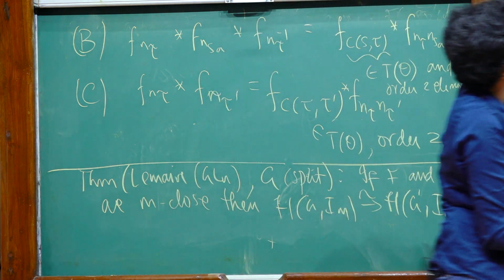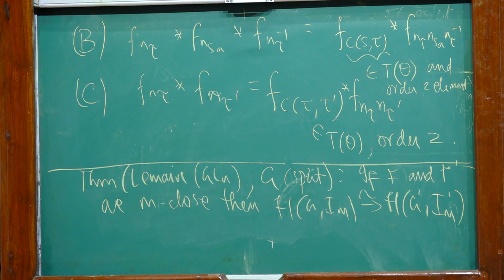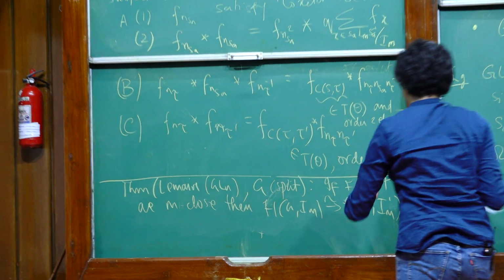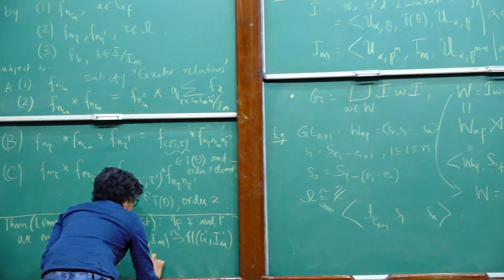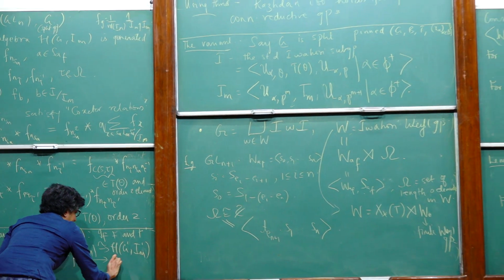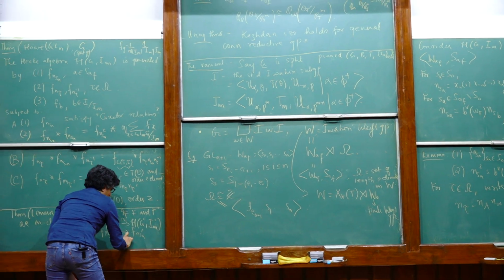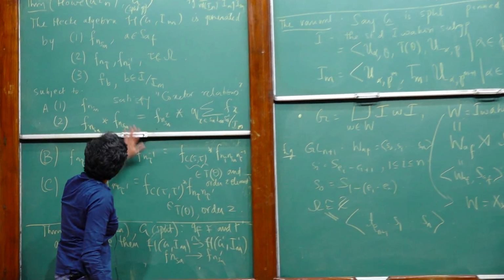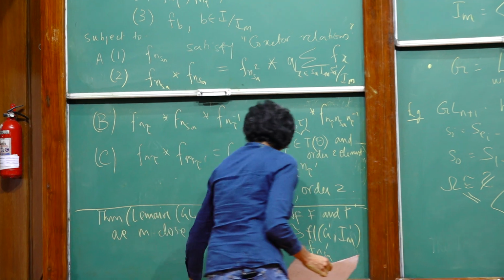Recall that I had fixed a pinning, and then I can use the same thing over F and F prime, and then I have NSA F NSA goes to F NSA prime, and so on. So it matches the generators that we have constructed.